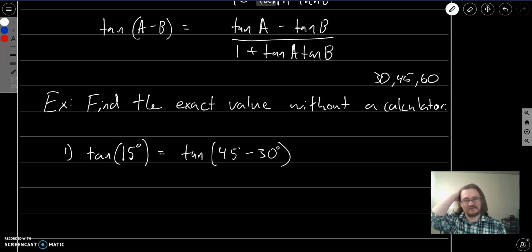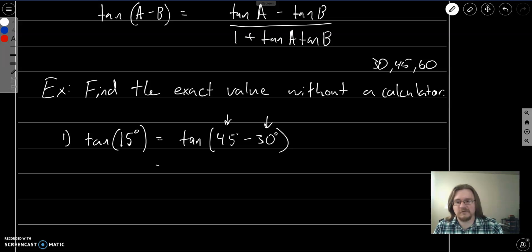So we have a formula for the difference of angles here. So I know what the tangent of a 45 degree angle is. I know what the tangent of a 30 degree angle is. Let's split it up and plug everything in.